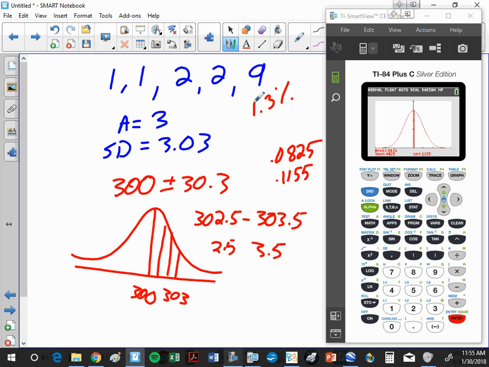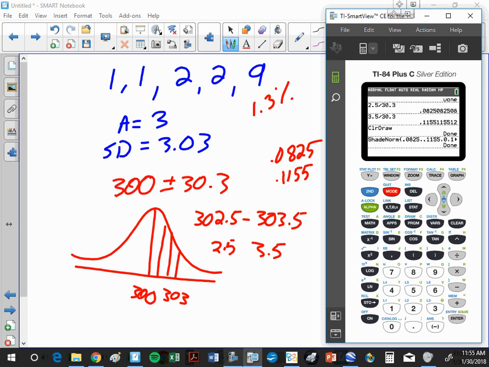No. We need to multiply that by 125. So 125 times 0.0131, and I get 1.6, which means 2. We would expect 2 people to get exactly, what was it? 303. It's just one extra step. Oh, I'm looking at the wrong. Yeah, you're right. Okay, E.